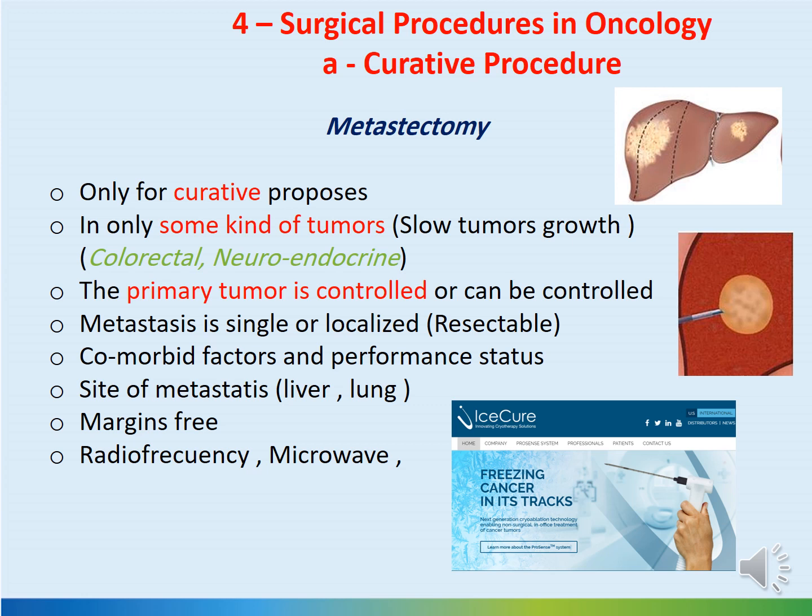For example, we can use radio frequency or microwave to burn or to remove all the metastasis. It's accepted in some circumstances if the metastasis is small, unique, and can be removed totally by this type of minimally invasive procedure.